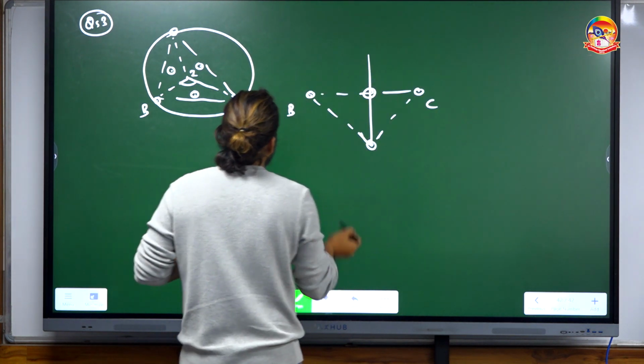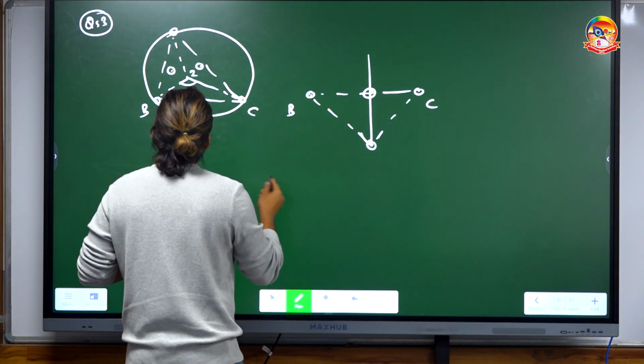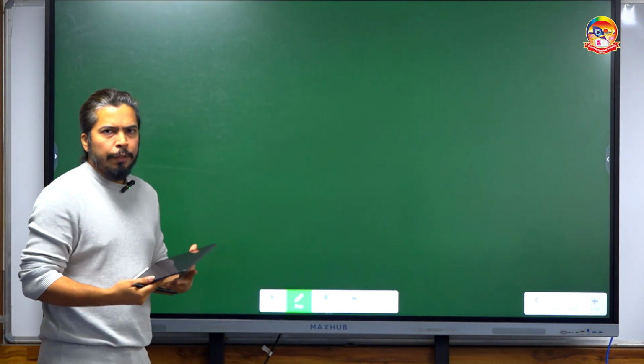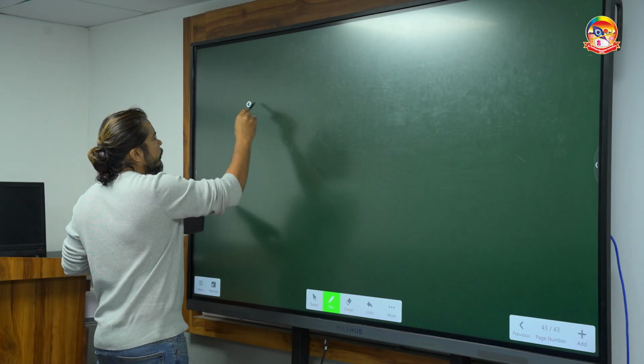So what we have done here is, we have got to this point. What I'll do here is, in the next page, I'll show 2 important points. First point is this one.